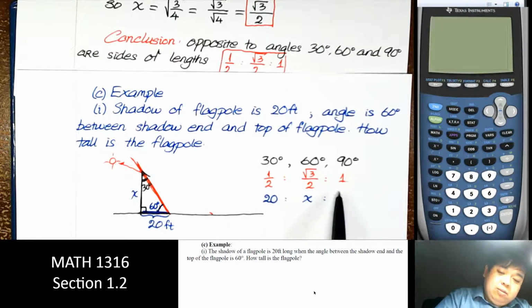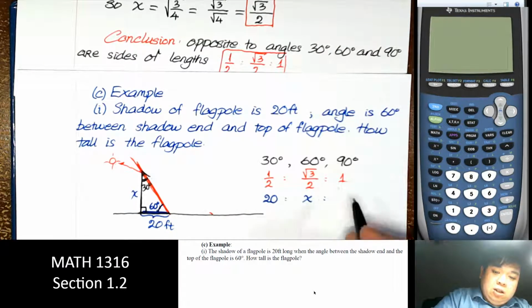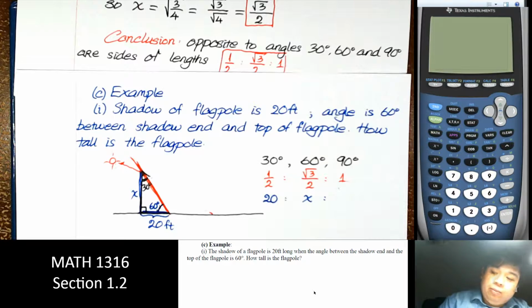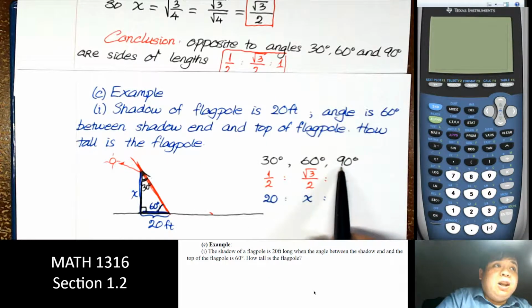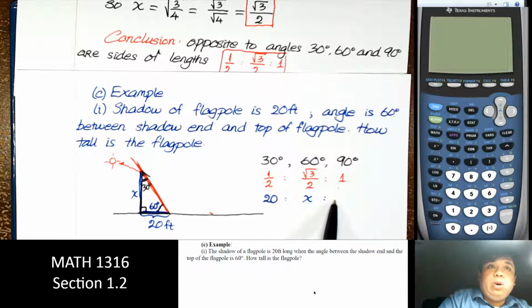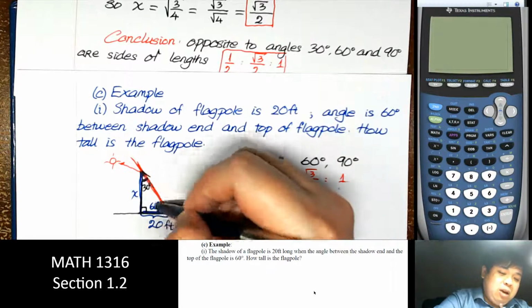And the side opposite to the 90 degrees is irrelevant because we just need to find the height of the flagpole. By the way, the length opposite to 90 is going to be twice the length opposite to 30. So if this is 20, this should be 40. But the question did not ask us about that.